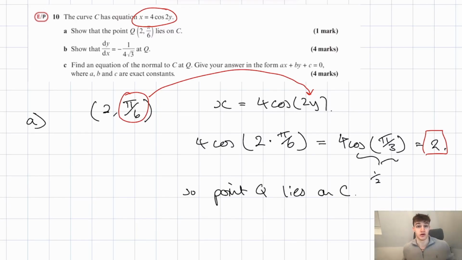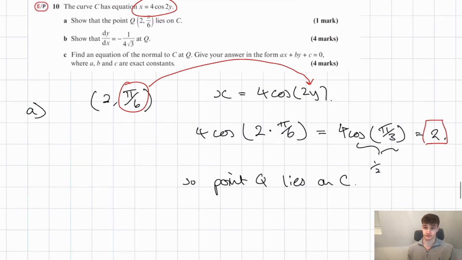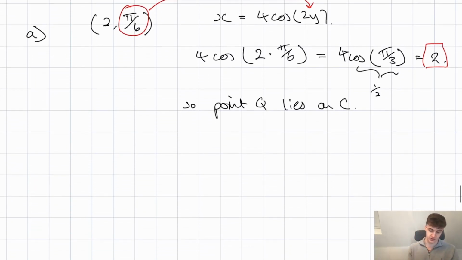Okay, right. Show that dy by dx is equal to negative 1 over 4 root 3 at Q. So again, they've given us the y coordinate of the point, which is good because we're probably going to differentiate and find dx dy first. So let's do that.